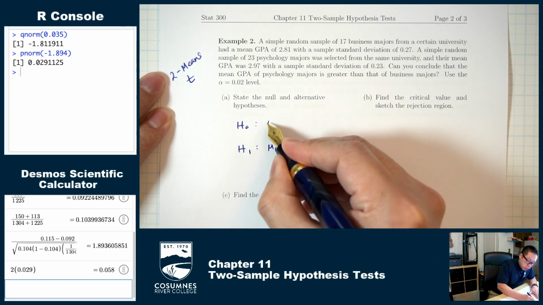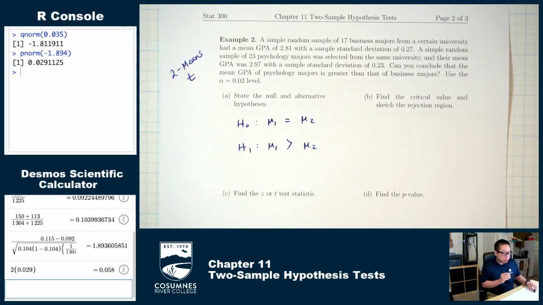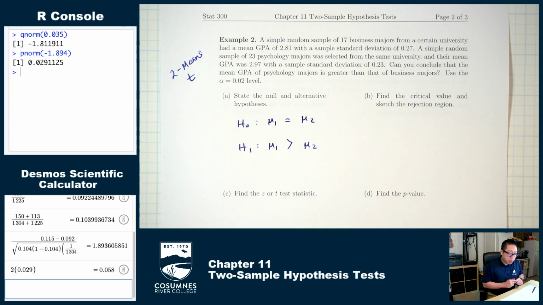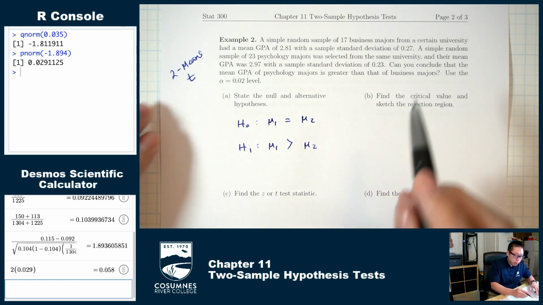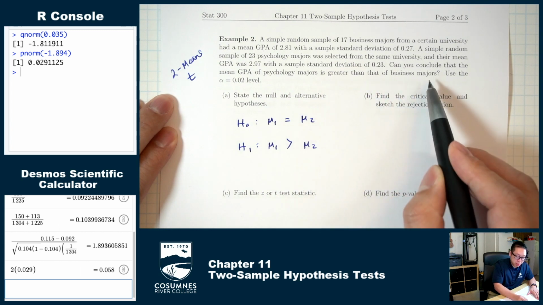H0 is going to be equals. And then here it's going to be important for you to label what 1 is and what 2 is. It says, can you conclude that psychology majors is greater than business majors?